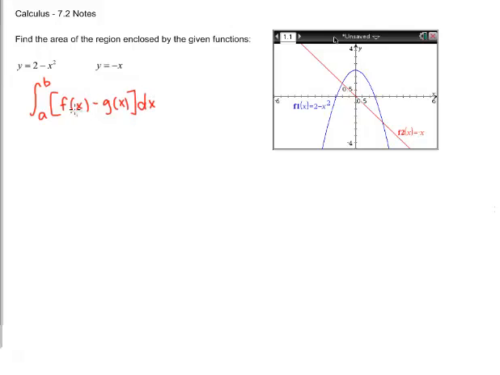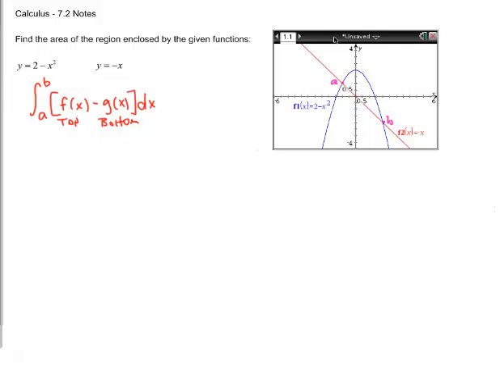So we want to go top minus bottom. And in this particular problem, the top stays on the top and the bottom stays on the bottom. But we need to discover the points where these intersect, because where those two intersect is going to be my a and my b.